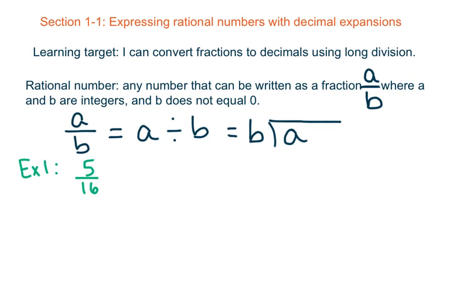When I have 5/16, I can rewrite it as a division problem, 5 divided by 16, and then I can write it with the division sign, which looks like that, and the numerator goes inside the box and the denominator goes outside the box.